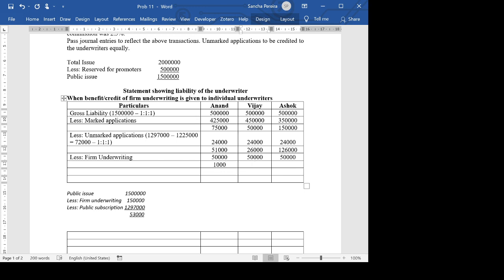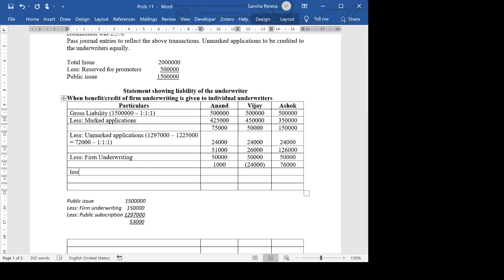Here there is a surplus of 24,000. And here we have 1,26,000 minus 50,000, which comes to 76,000. So first we need to divide the surplus before we check anything.